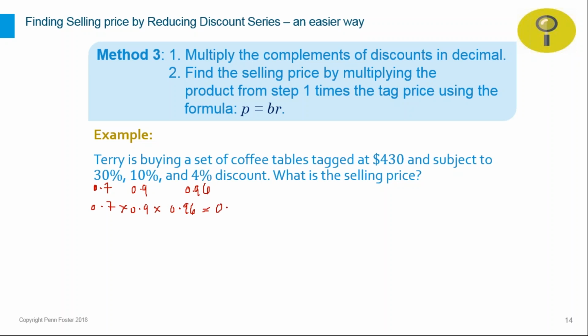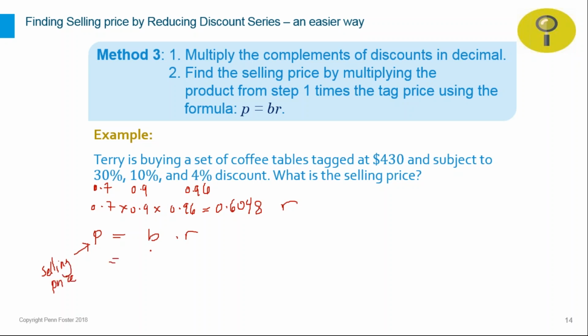So it is 0.6048. This is the R. This R, remember, is the percent of the selling price out of the tag price in decimal. So if I multiply using P times B times R, P here is not going to be the savings anymore because the R is not the savings. It's not a discount. It's the selling price percent in decimal. So that will give us the selling price.